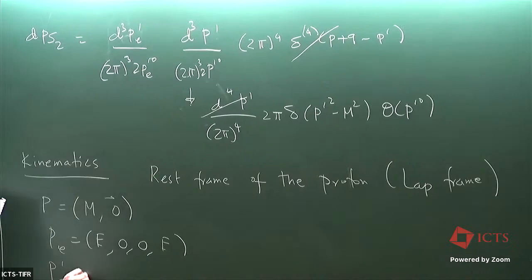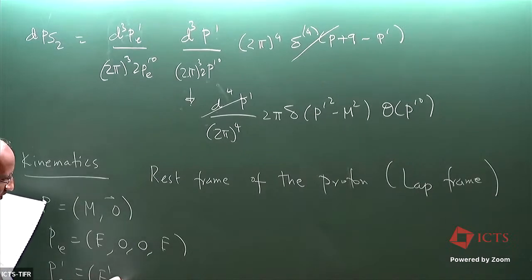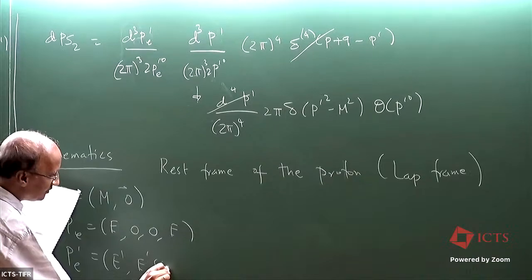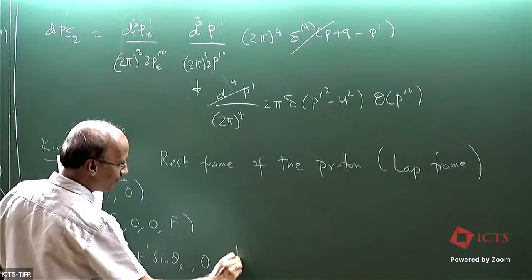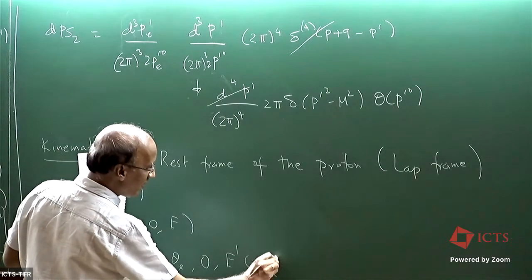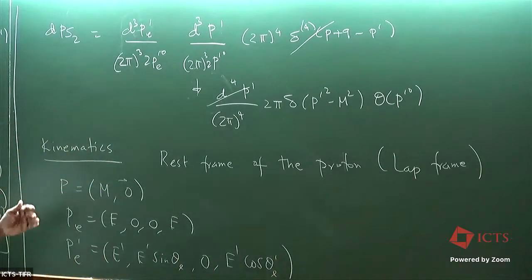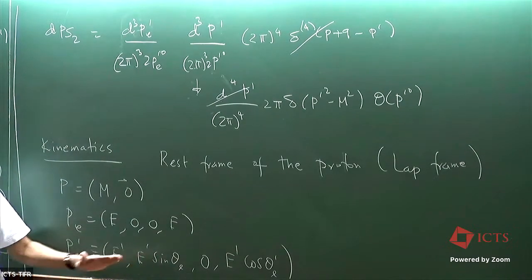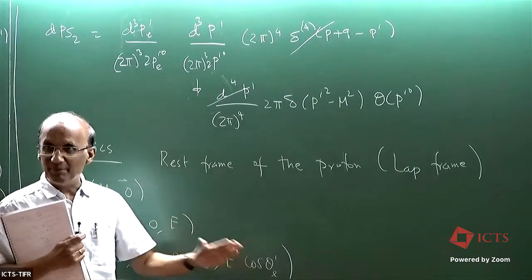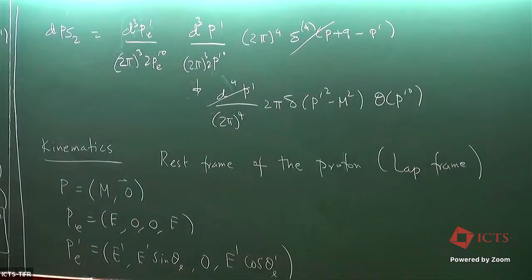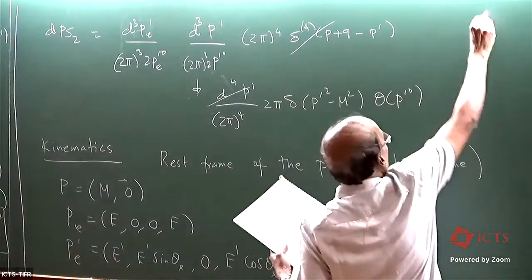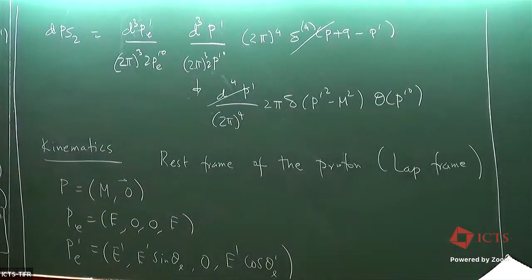And then the scattered lepton is (E', E' sin θ_lab, 0, E' cos θ_lab). I'm choosing the incoming lepton along the Z direction, and the scattered lepton makes an angle θ_L with the Z axis. It's a very elementary parameterization that everybody can work with. It's also convenient.